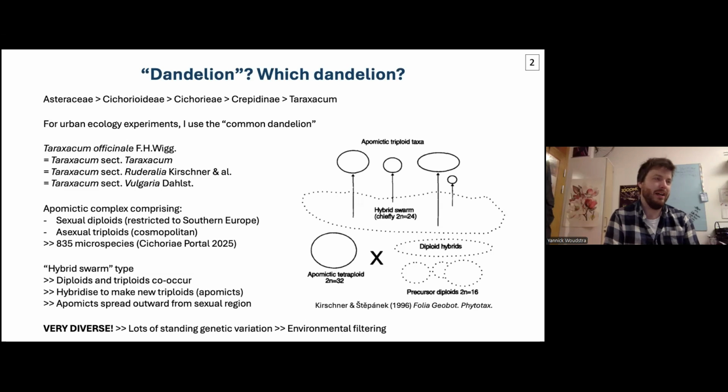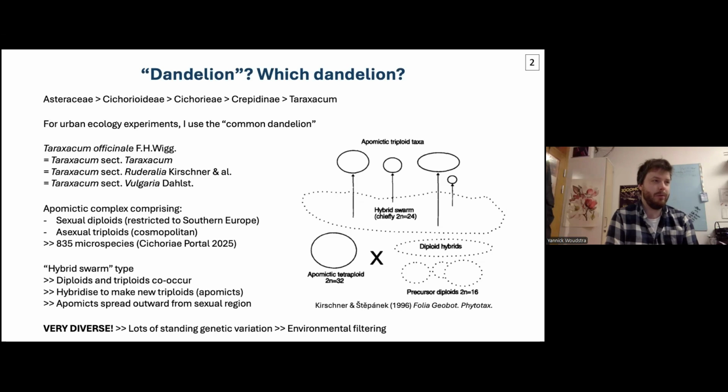But dandelions in this presentation, I mainly refer to the common dandelion, which is known as Taraxacum officinale mostly, which name in the broad sense refers to everything that falls under Taraxacum section Taraxacum, which you might have known by its previous names, section Ruderalia or section Fulgaria.